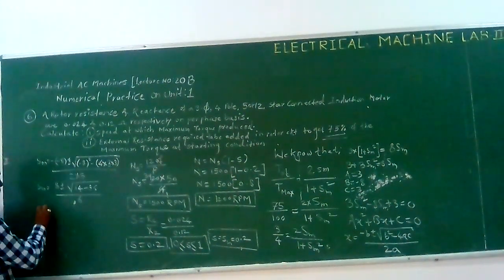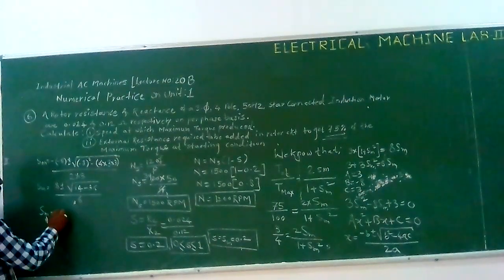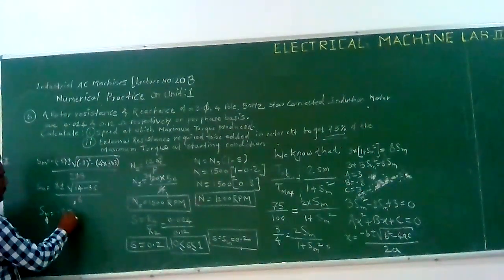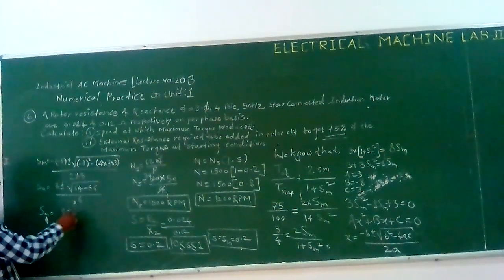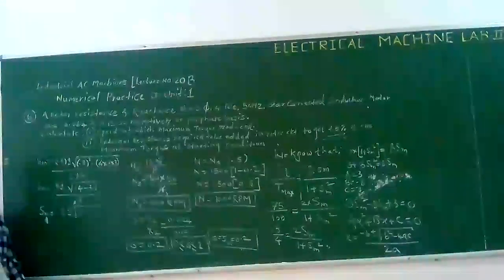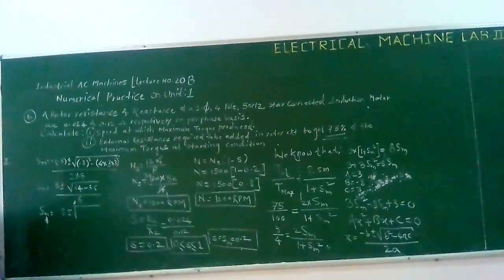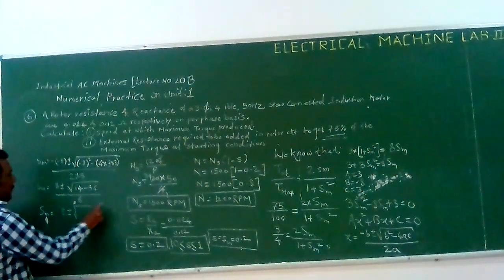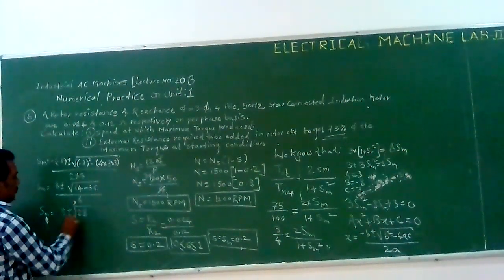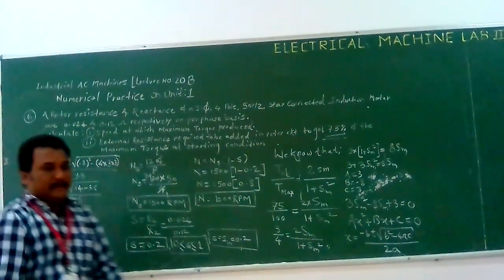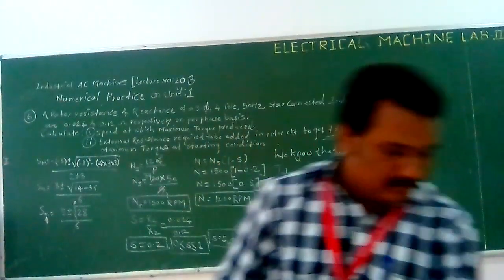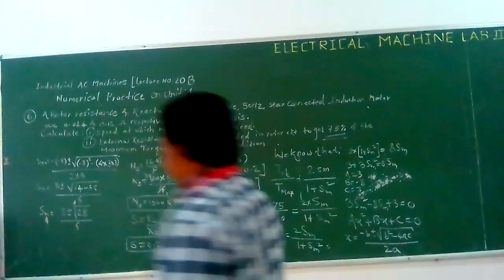Again simplifying, minus minus becomes plus, so 8 plus or minus root of 64 minus 36, which is 28, divided by 6. Now Sm has two possible values after simplifying this.